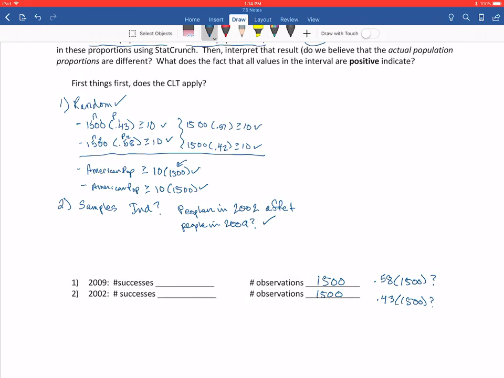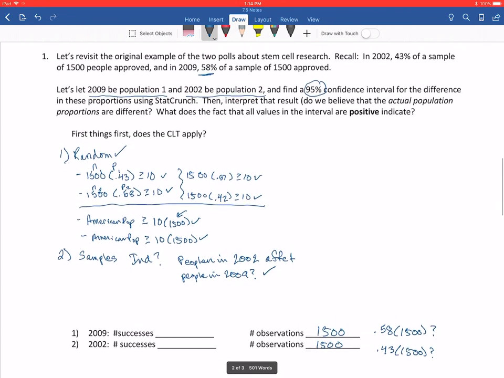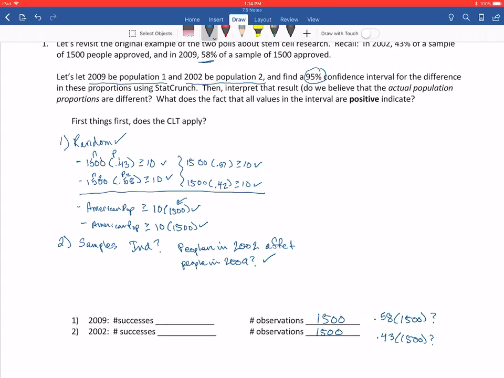And that's going to go in as our number of successes. So it looks like for 2002 it should be 645, and for 2009 it should be 870 if you calculate that out.